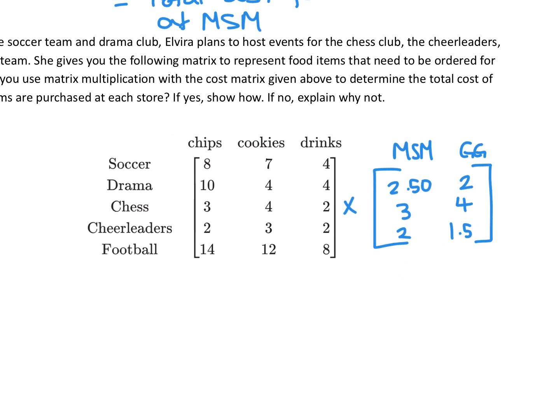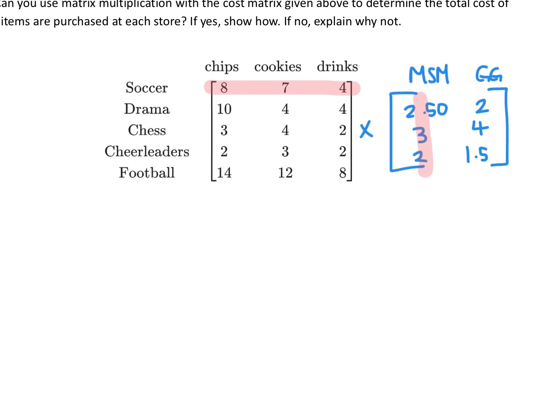Well, we already did this for soccer, right? We multiplied the items needed by the cost. So we actually already know some of our final matrix for total costs.